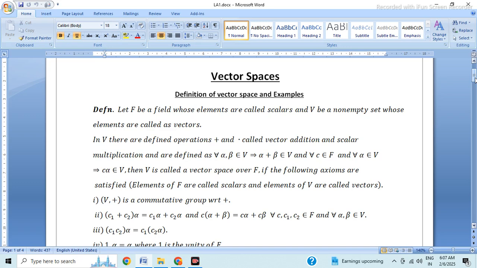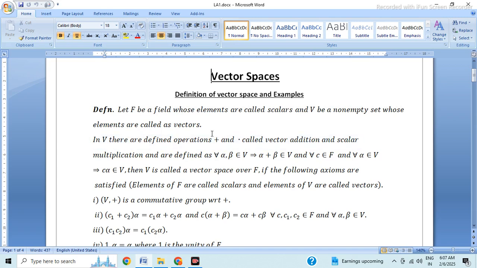Then we will start with vector space. First of all, what is vector space? That definition, in almost all question papers you can see it for 2 marks. First one, what is vector space? F is a field. Elements of F are called scalars and elements of V are called vectors.